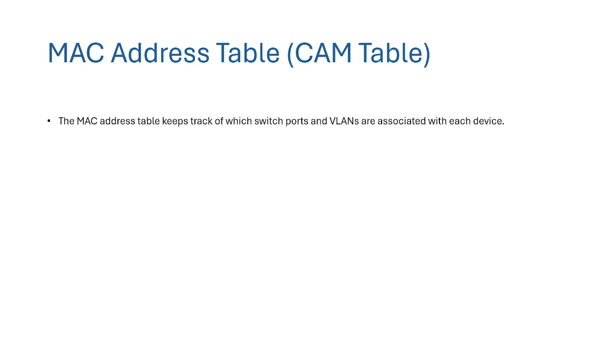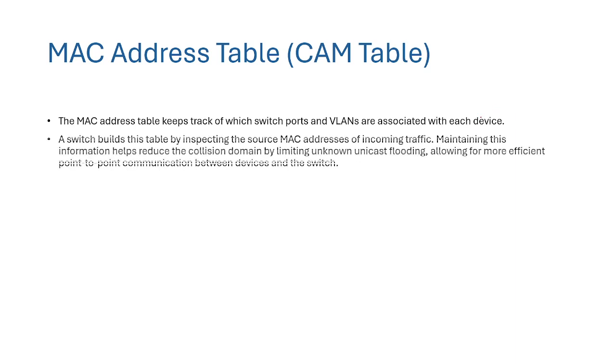The MAC address table keeps track of which switch ports and VLANs are associated with each device. Also, a switch builds this table by inspecting the source MAC address of the incoming traffic. I already mentioned at the start of the slides that the switch learns the MAC address of any host only from the incoming traffic, not the outgoing traffic.